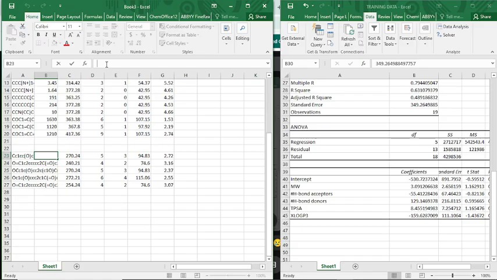We say B0. B0 is your intercept, which is minus 530.7237324 plus, you open brackets, B1, which is the molar weight, 3.091.